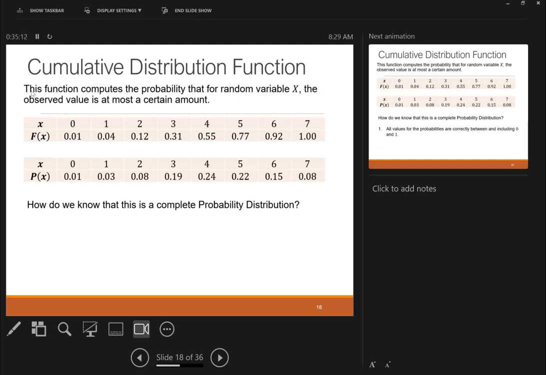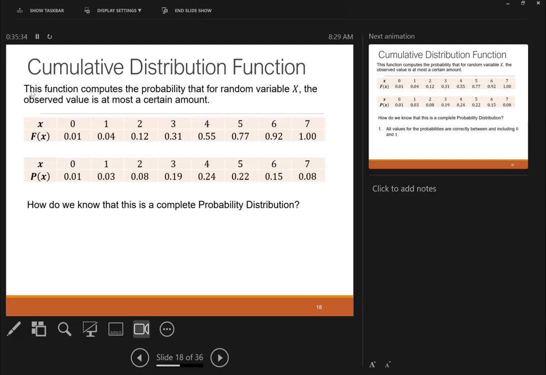How do we know that the chart below is a probability distribution? What are the two things we need? Every event has a probability associated with it. Check, because every outcome in our table has a probability attached to it.